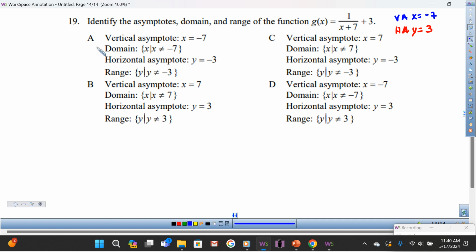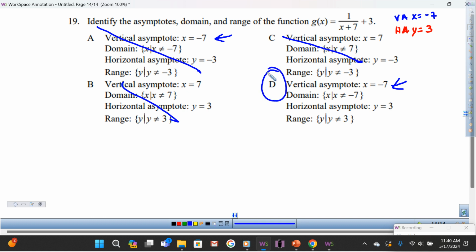Which one has negative 7? This one. Which one other? This one. Okay, so not C and not D. Which one has the HA of 3? Let's see, this one is negative 3, so it's not A. Correct answer is D. Woo-wee. How about them apples, yeah?